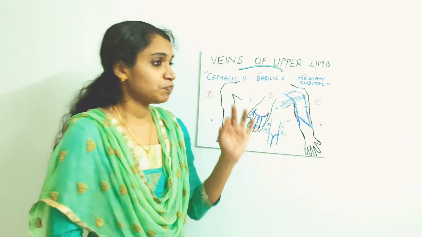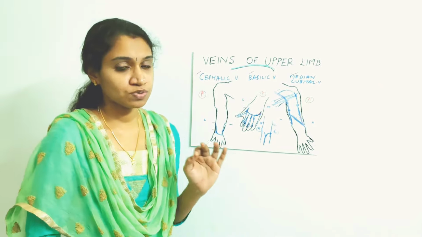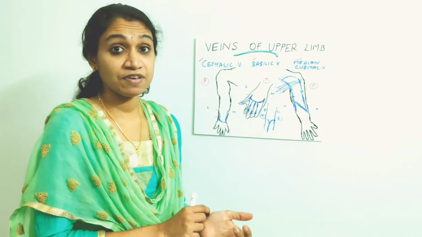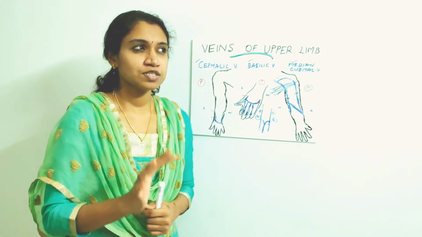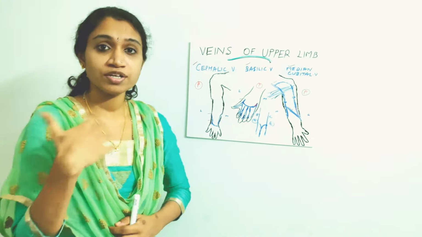Now, one important applied aspect related to the cephalic vein is the AV fistula. That means in case of chronic renal failure patients, hemodialysis has to be done. So the impure blood, the waste blood, is taken to the dialysis machine, and pure blood is returned back.